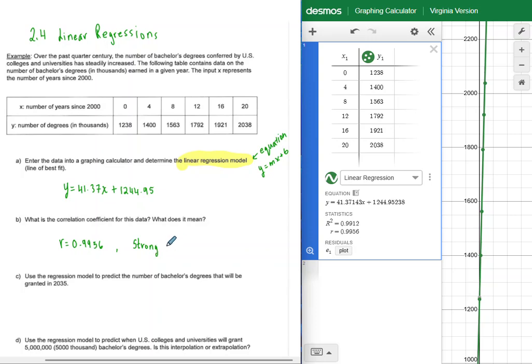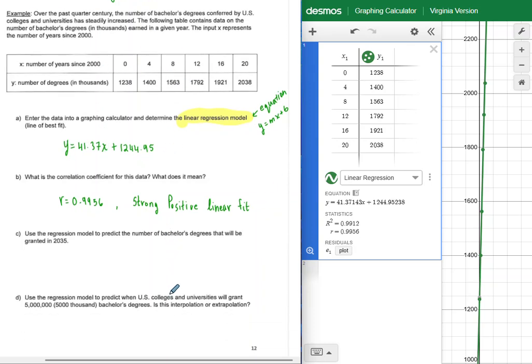And it is positive because it's a positive number, and it's because it's going up. Strong, positive, linear fit. So this equation fits this data really, really well.